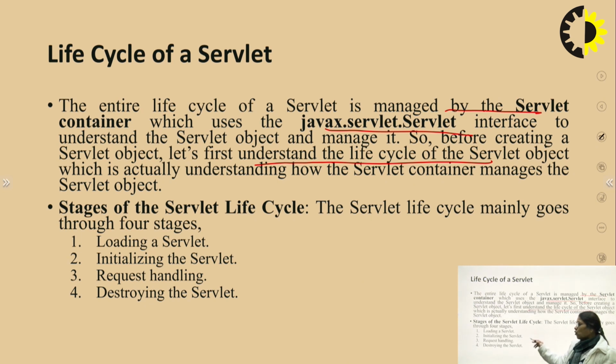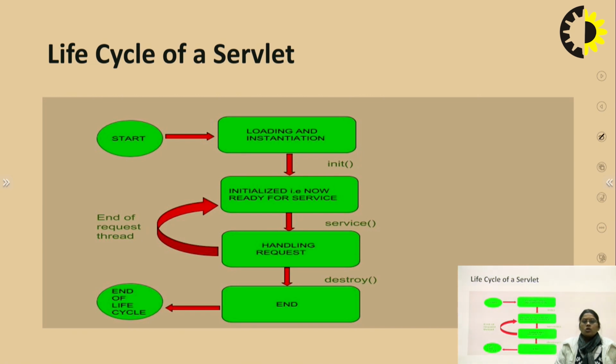There are four steps: first we load the servlet, then initialize the servlet, then it handles the request, and once the whole request has been executed, the servlet is destroyed.